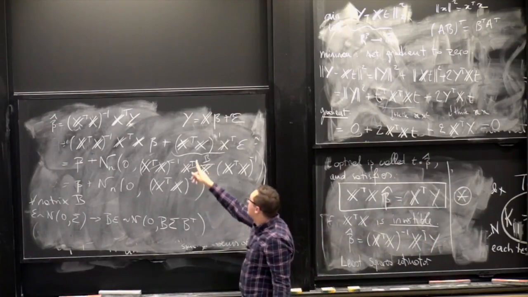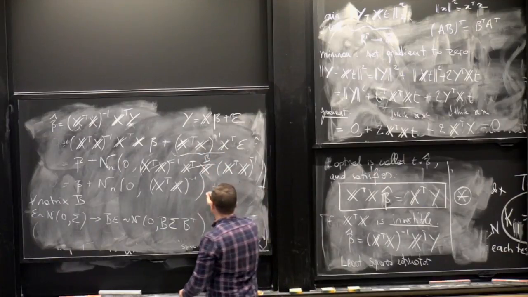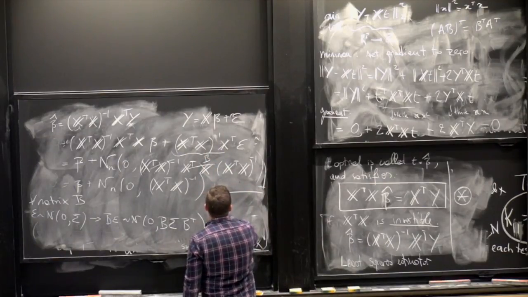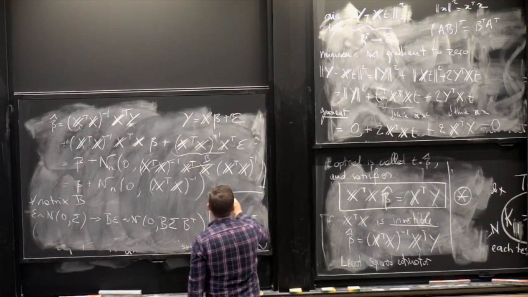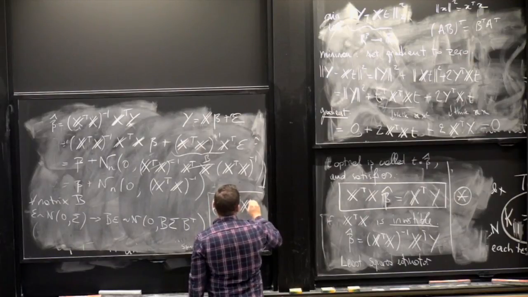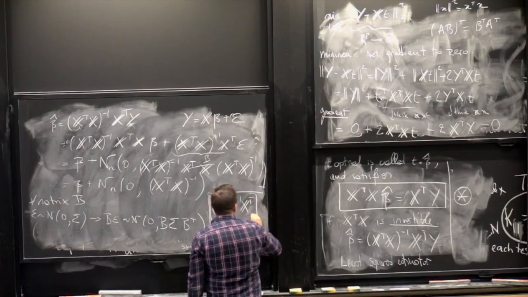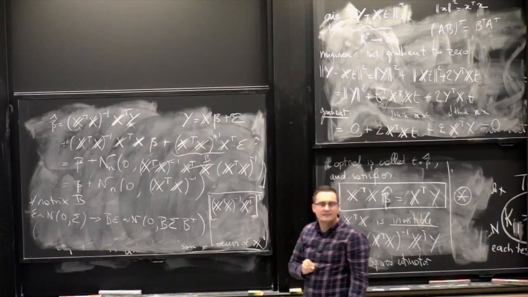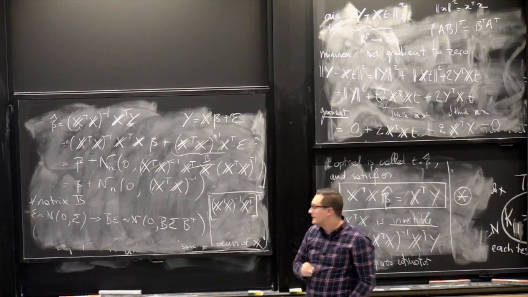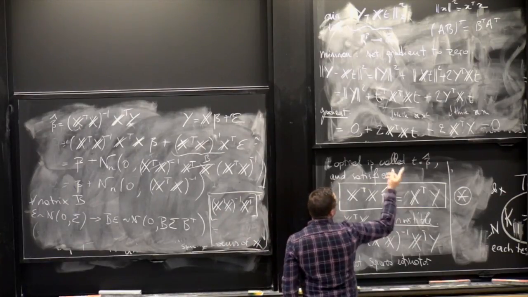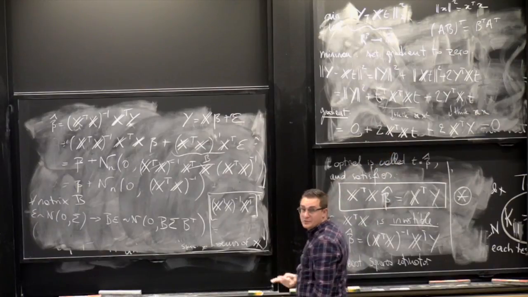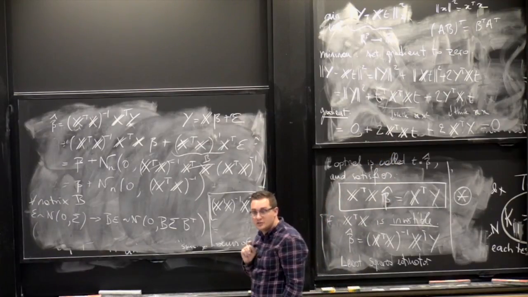And what is the transpose of this matrix? So I sort of use the fact that if I look at X transpose X inverse X transpose, and now I look at the whole transpose of this thing, that's actually equal to, and I use the rule that (AB) transpose is B transpose A transpose. Let me finish.